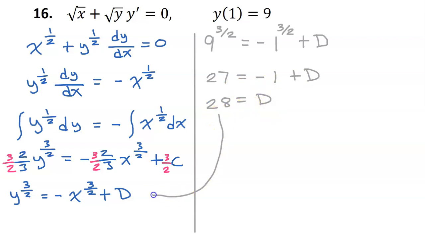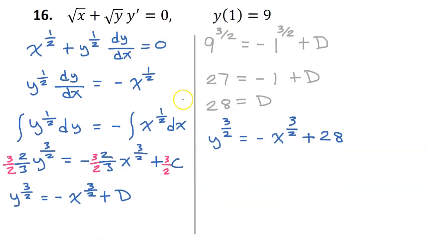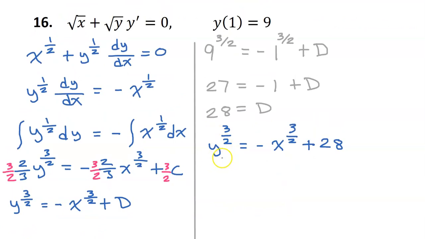So let's substitute this back in right here. This is a particular solution to the differential equation that satisfies the initial condition, but we were also asked to find it in the form y equals f of x. So that means we need to get y by itself.